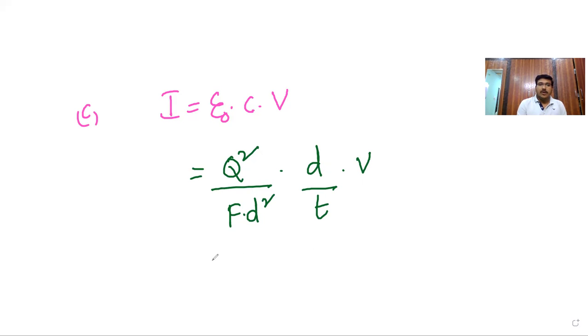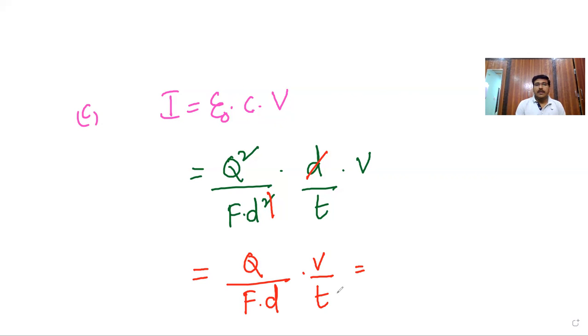Now, observe here. In this case, one D cancels. So finally it becomes Q by F into D, into V by T. Clear?